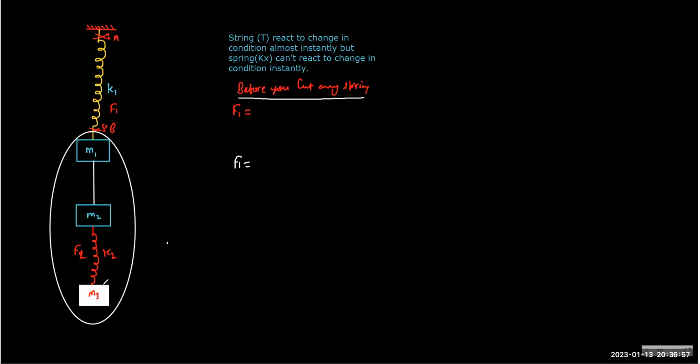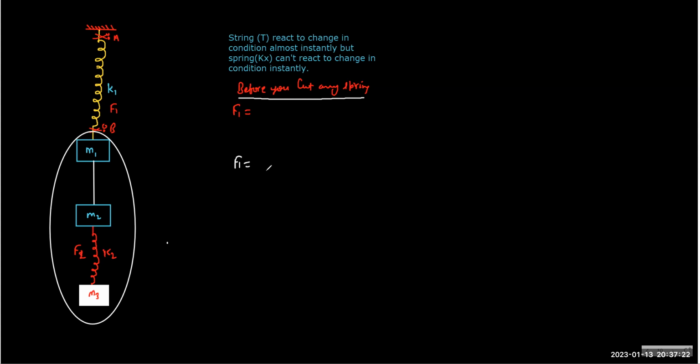I have explained this many times. The top spring is going to hold this entire system stationary. So F1 must be equal to the total weight. That's the simple rule: the spring force will always be equal to the total weight hanging from there.